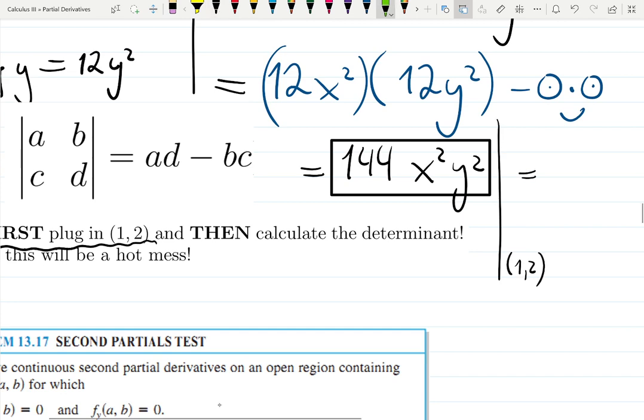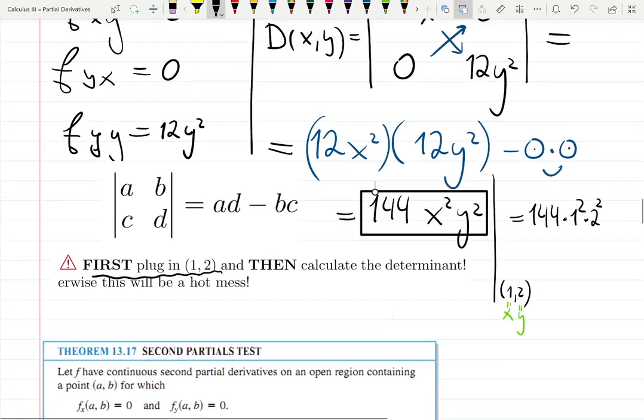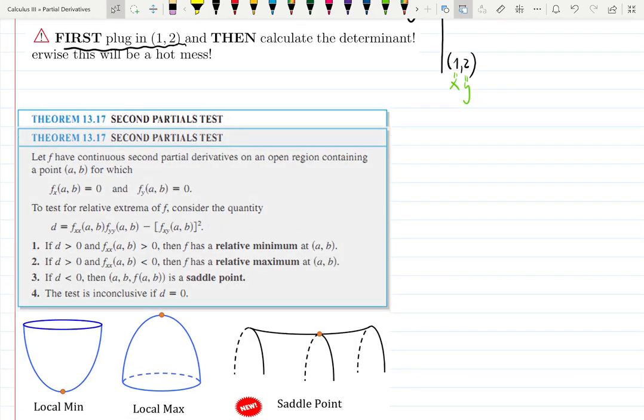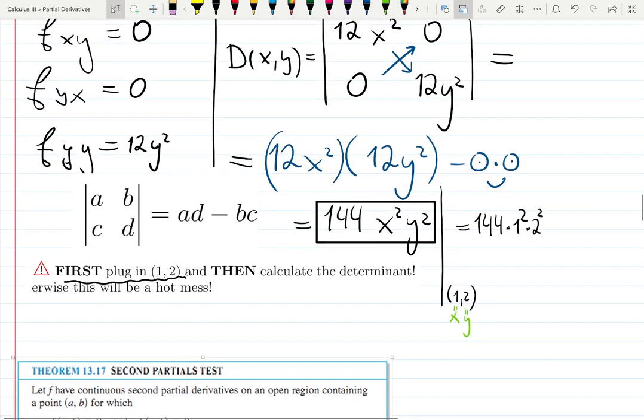So plug in 1 and 2. x is 1, y is 2. Then it becomes 144 times 1 squared times 2 squared, which is some kind of number. So there's a suggestion, actually it's probably easier to plug in numbers first and then do the cross product.